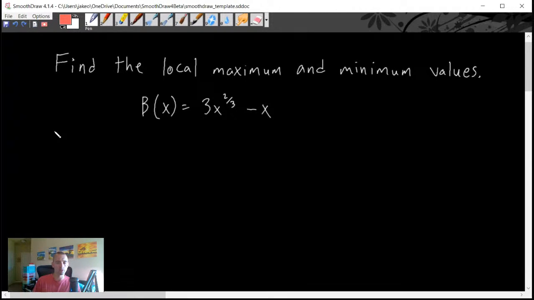So first thing you want to do to find critical numbers is take the derivative of the function. In this case, the function whose minimum and maximum values we're trying to find is b of x. We're going to need to take its derivative, so we're going to find b prime of x first. To do that, we can use the power rule on this first term.